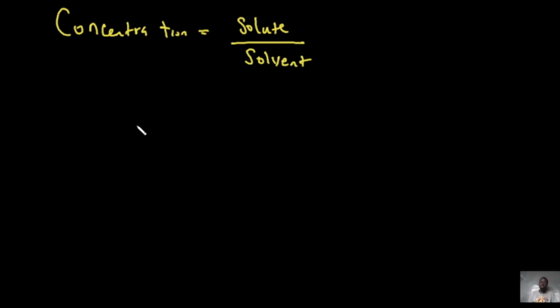So when you are asked to mathematically express concentration, it is simply solute over solvent. Having established this particular fact, we move ahead to understand how it affects volumetric analysis. Now, there are two major forms of concentration that you must pay attention to whenever you are dealing with volumetric analysis. We'll start with the first one, molar concentration.